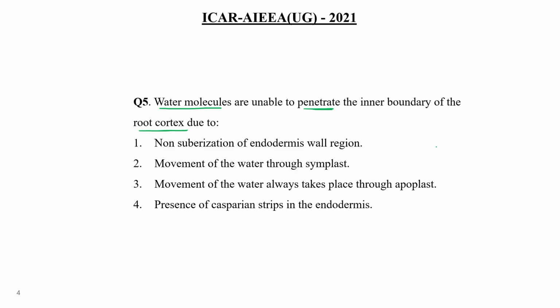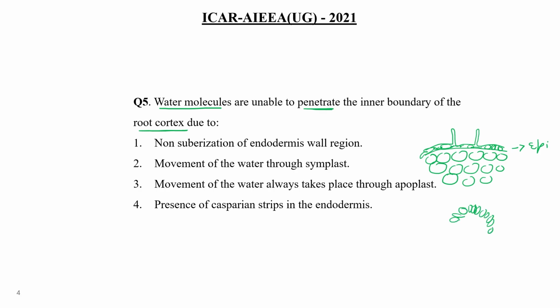If you remember the outer covering, the epidermis, with these root hairs, followed by different parts of the cortex, and the innermost part is comparatively compact. There is no intercellular space, right?